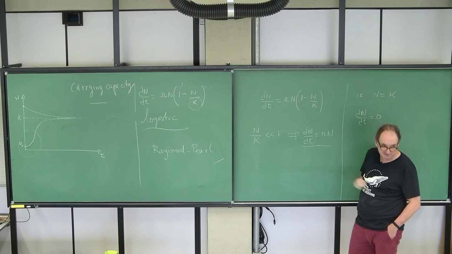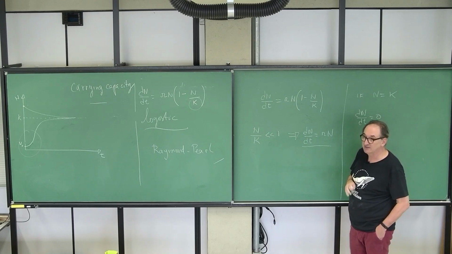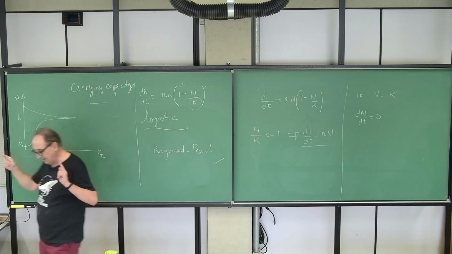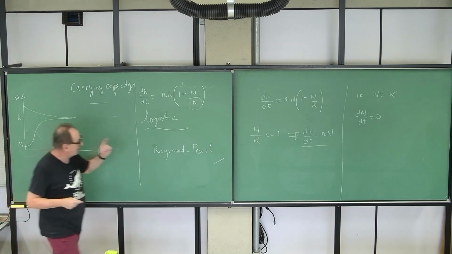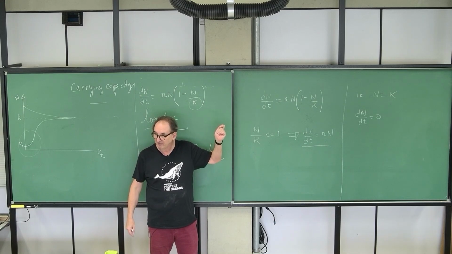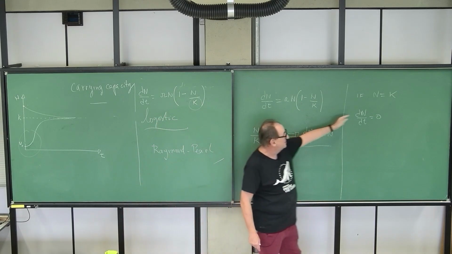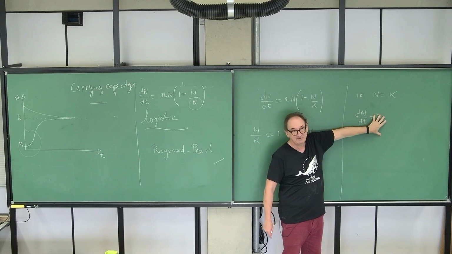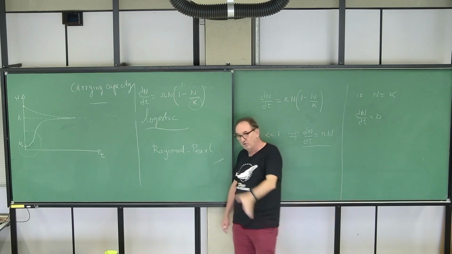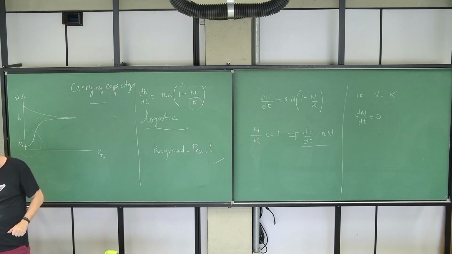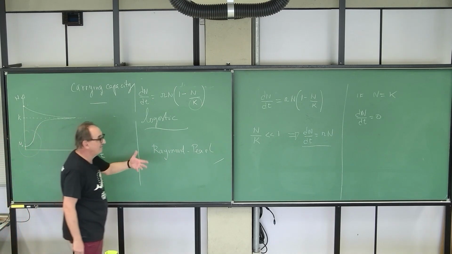Constant population. So these are both ends of the argument. Small population, exponential growth. Population at the size of K, constant value. Therefore, the dynamics is growth, saturation, going to a constant value. That's the logistic equation. That's the model.